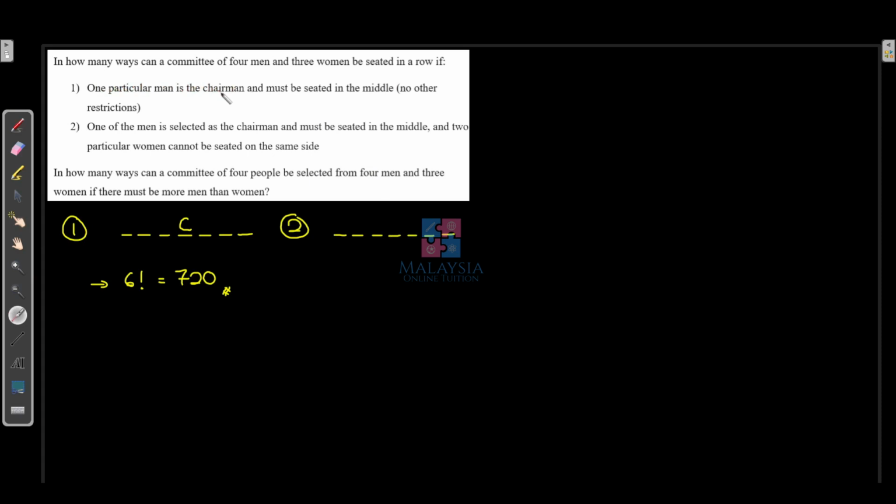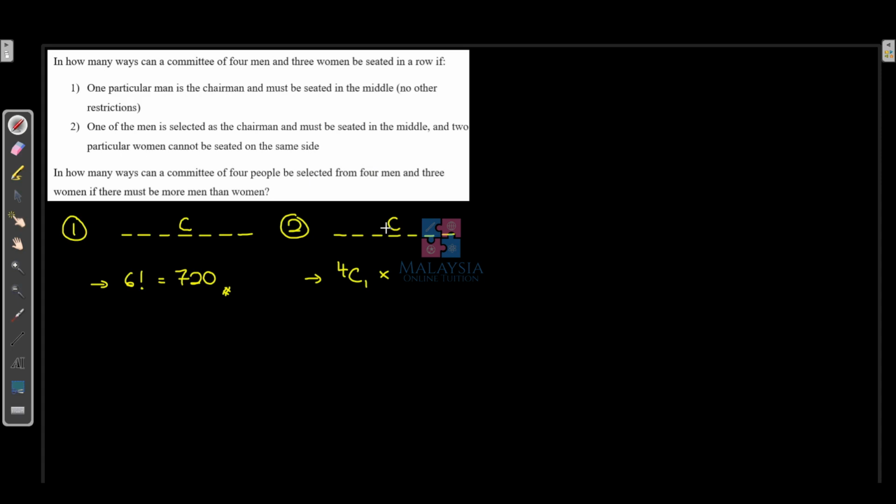But in part 2, one of the men is selected as the chairman and must be seated in the middle. So no difference in the arrangement, but we have a combination here because we need to choose the chairman from the 4 men available. So that means we have 4C1. And like I said, the arrangement doesn't matter because this particular man, after being selected as the chairman, must be seated in the middle.